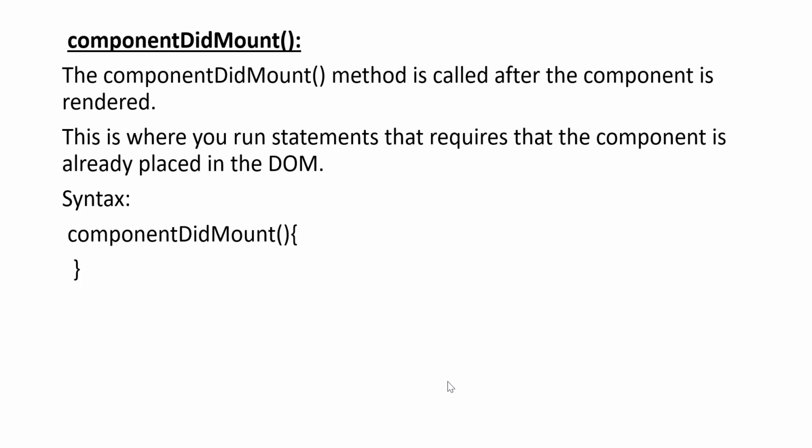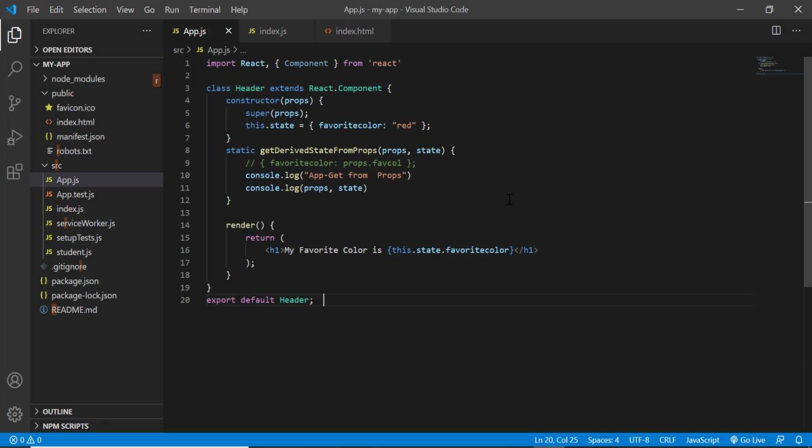Let's jump to the practical so that you understand this mounting phase. This is the last method of the mounting phase. Go to your app.js file. Before the render method, you can call this method.